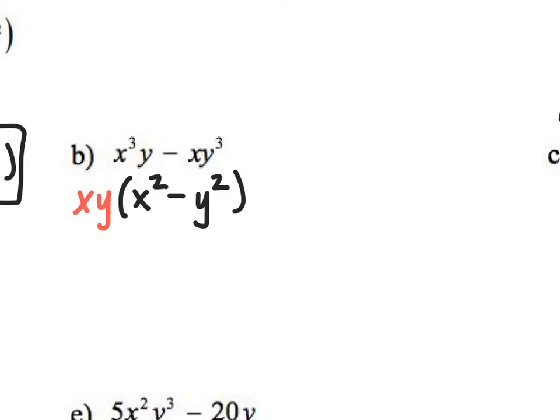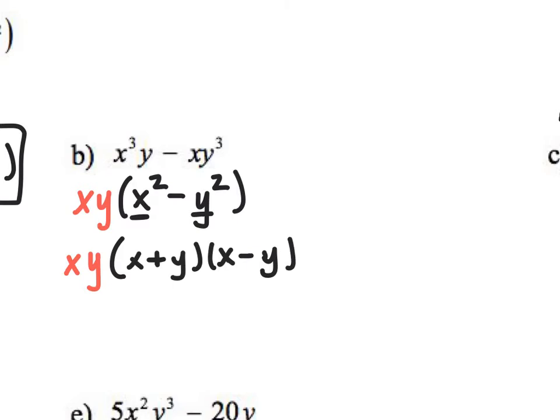And this is a little bit easier to see. I've got x squared minus y squared. So then I'm going to factor this, and this is just going to become xy times x plus y times x minus y. And that's that.